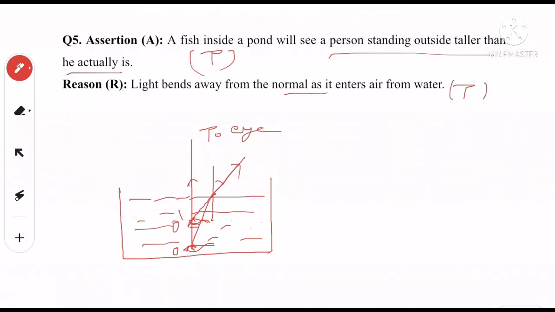So both the sentences are true, hence option A is the correct option for this assertion. The fish inside a pond will see a person standing outside taller than he actually is, and the ray which travels from denser to rarer medium bends away from the normal.